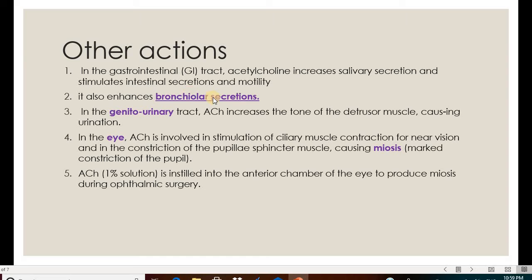It also enhances bronchiolar secretions.